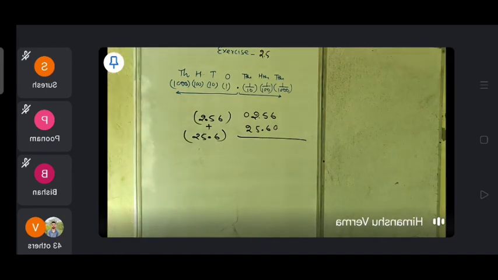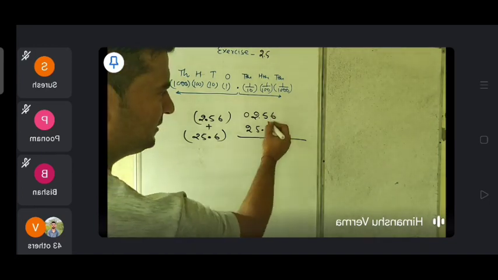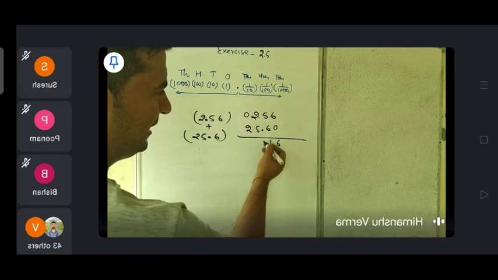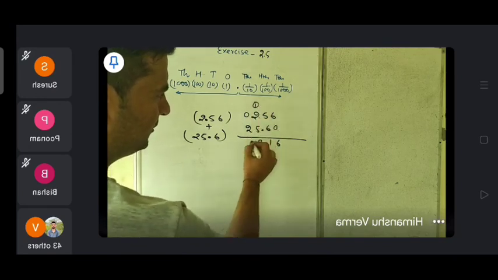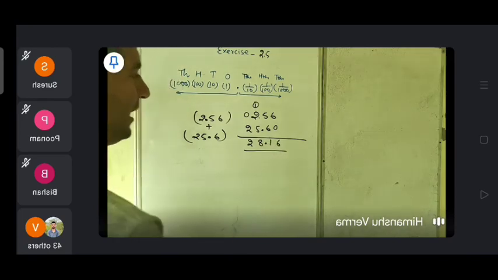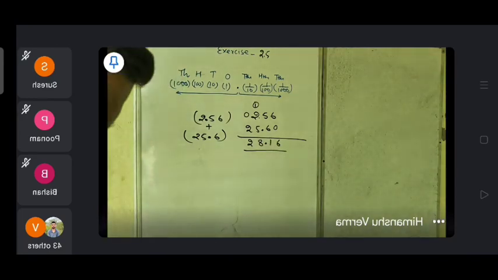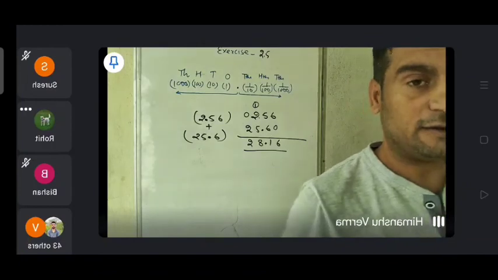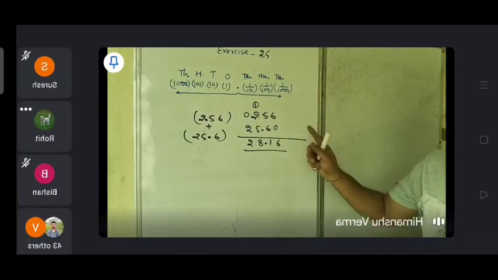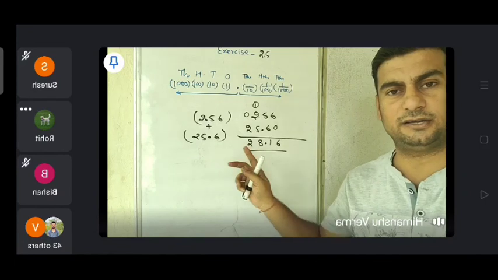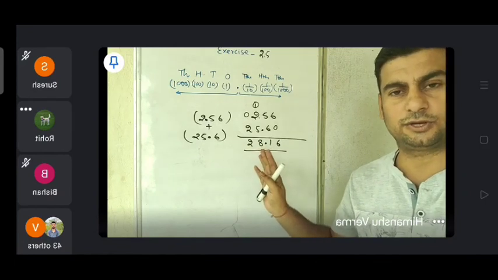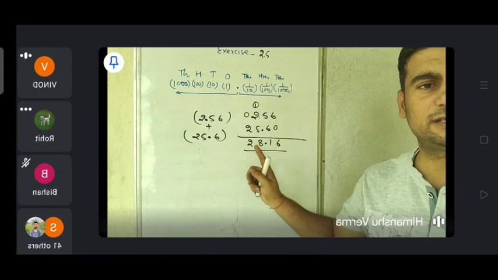Now add them. 6, 5 plus 6 is 11, 2 plus 5 is 7 and 1 is 8, and 2 as it is. So remember the addition procedure also. This is very important for you to learn. आपने ये concept नहीं सीखे, then you will be left behind the other students. So please remember these concepts.